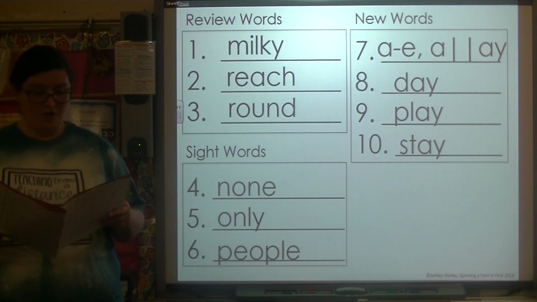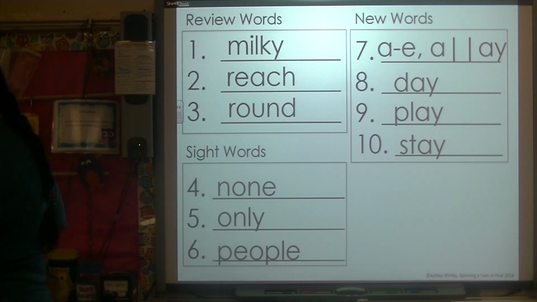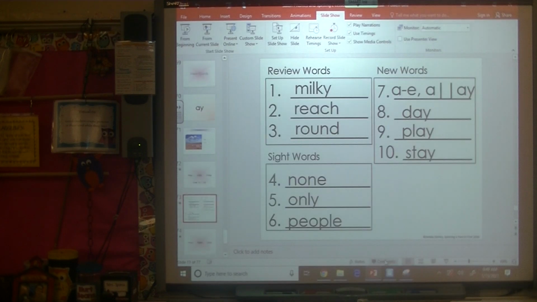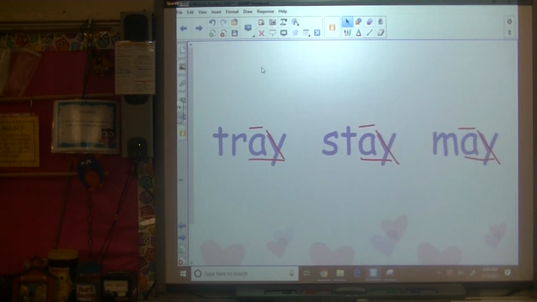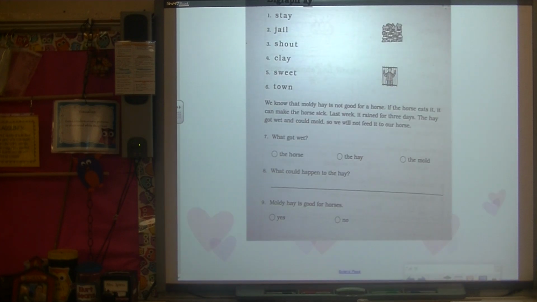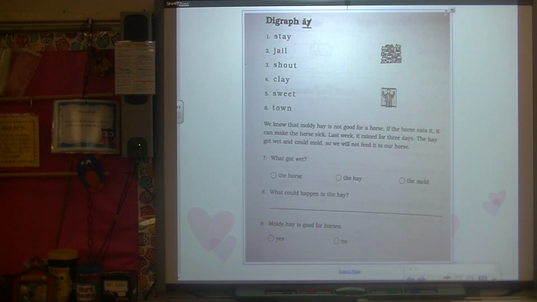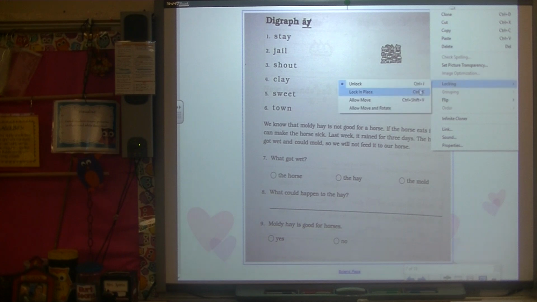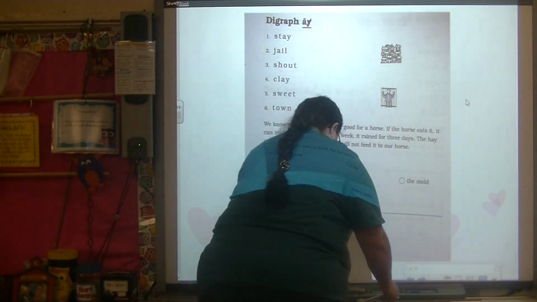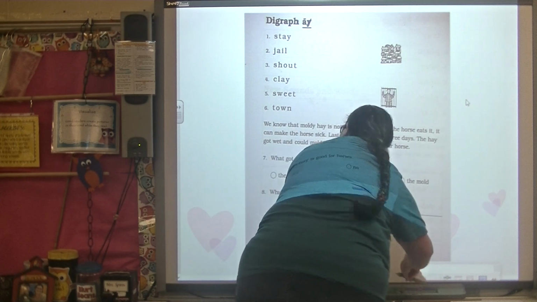All right, let's go over your coding page today. Turn to it. Okay, digraph AY says A, and it's coded just like it shows at the top.